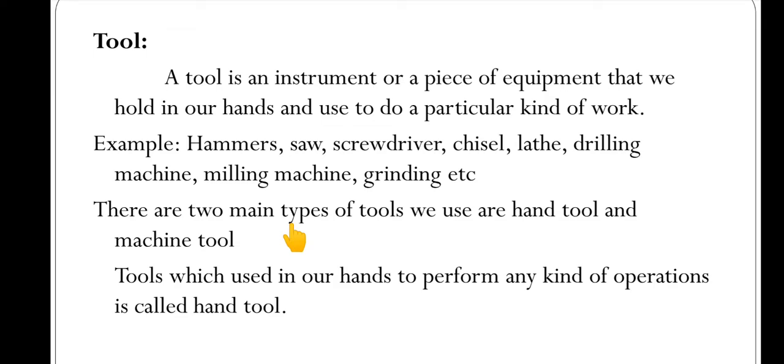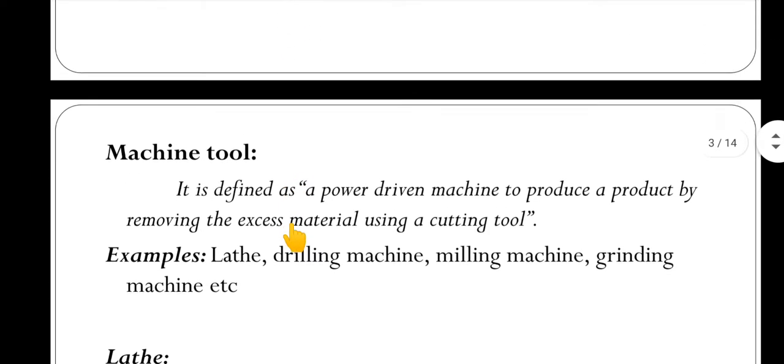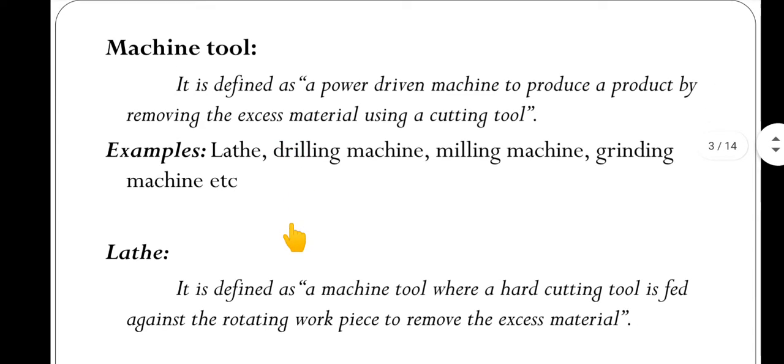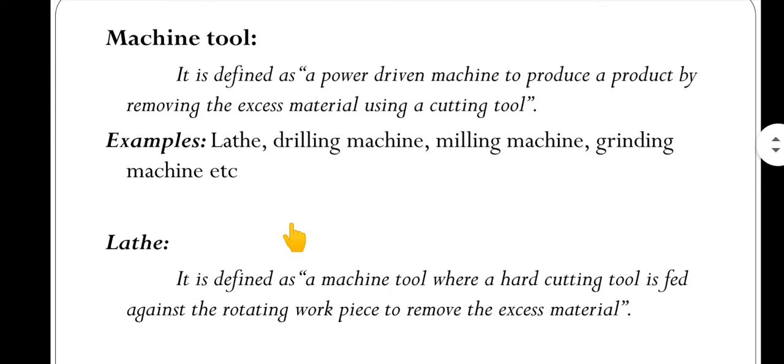Now what is a machine tool? A machine tool is defined as a power driven machine to produce a product by removing the excess material using a cutting tool. A machine tool is a tool that is driven with the help of a machine or motor.